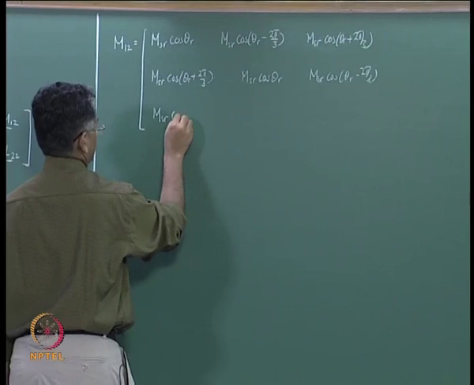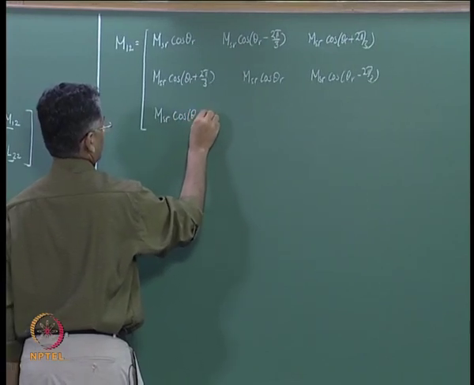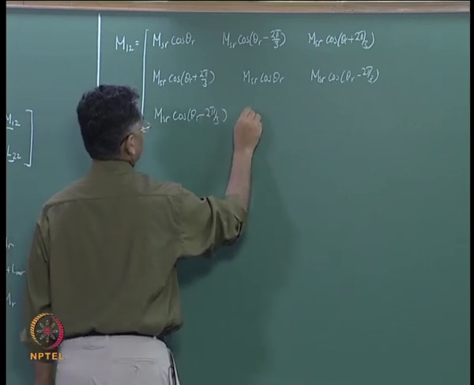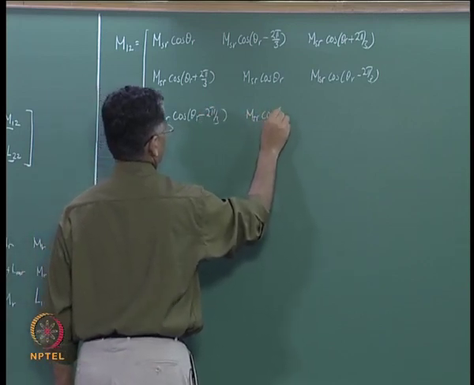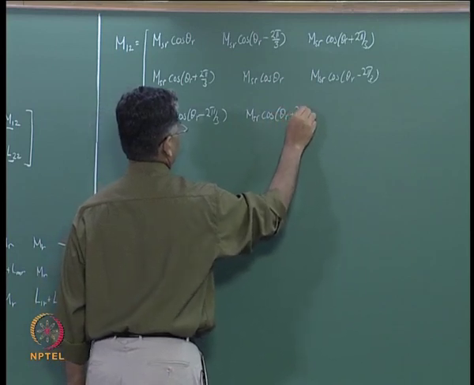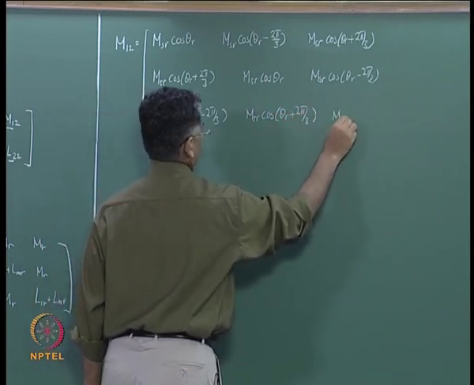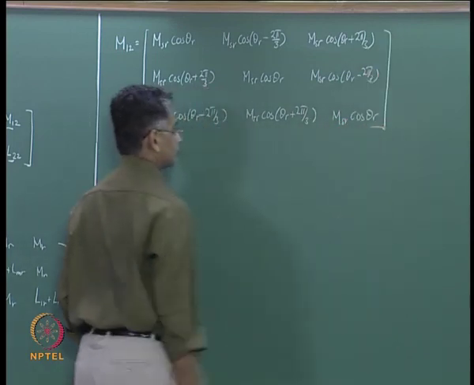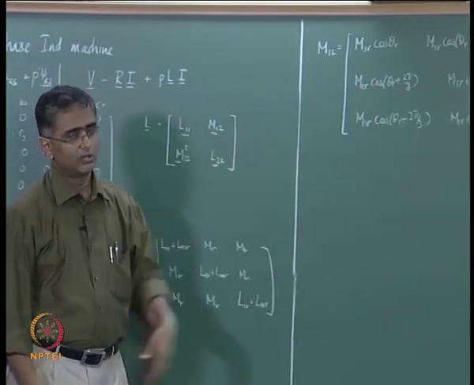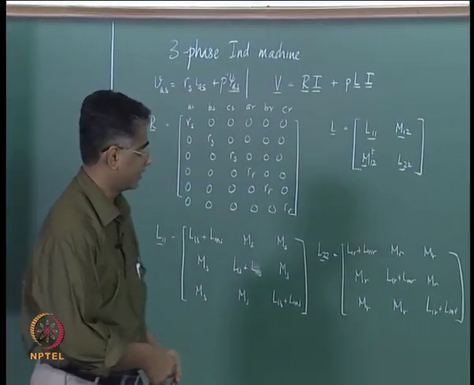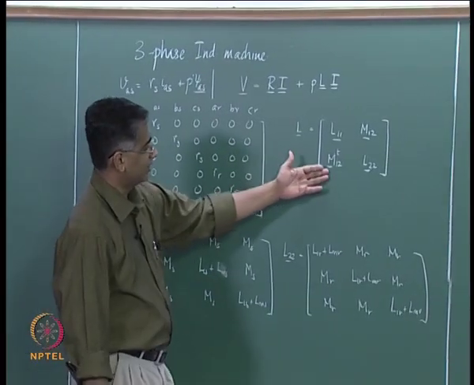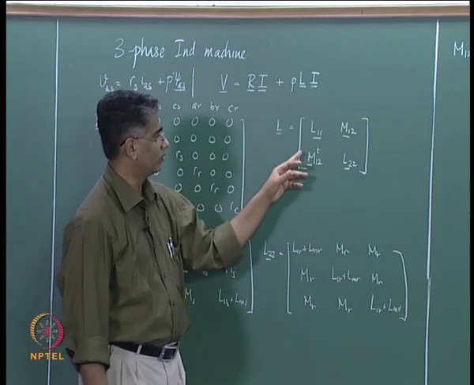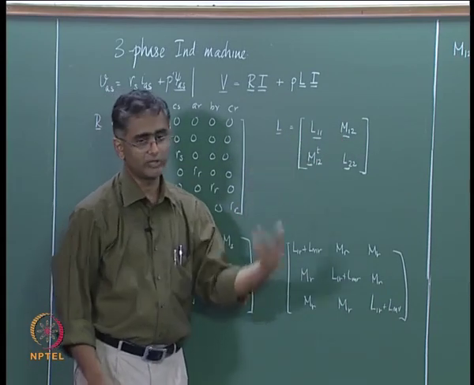This would be MSR cos of theta r plus or minus 2 pi by 3, MSR cos of theta r plus 2 pi by 3, and that is MSR cos of theta r. So this is the form that the M12 submatrix is going to take, and what occurs here is the transpose of this M12 matrix, because whatever term comes here would come in the first column and so on.